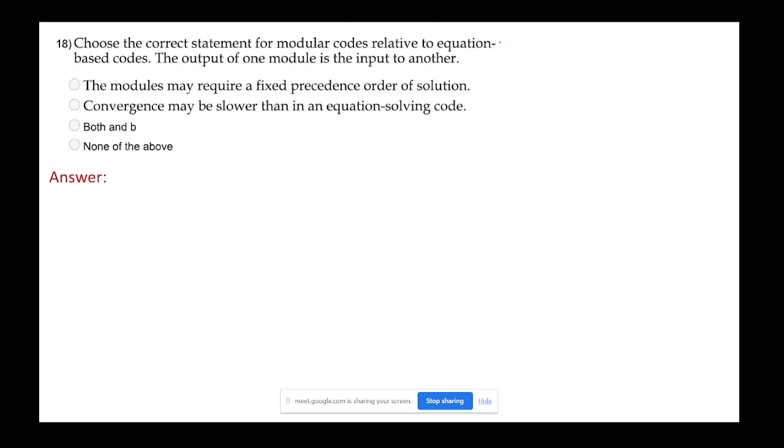So the correct statement is A in this case, because modules may require a path in which you will be able to solve. However, convergence in equation solving mode, because you solve it simultaneously, would be slower. So option A is correct.